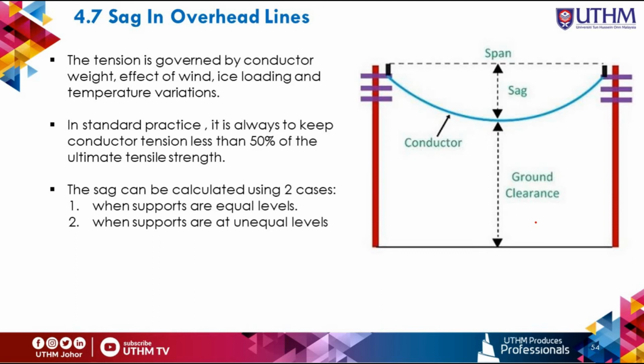So in an overhead line, the sag should be adjusted so that the tension in the conductors is within safe limit. The tension is governed by conductor weight, effect of wind, ice loading and temperature variations. It is a standard practice to keep conductor tension less than 50% of the ultimate tensile strength.